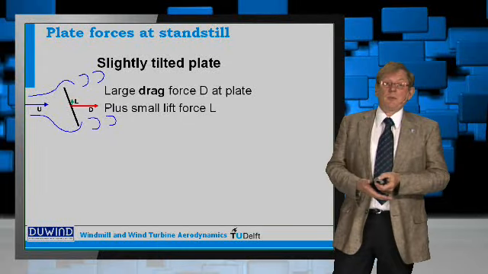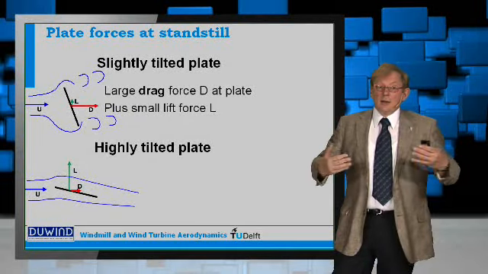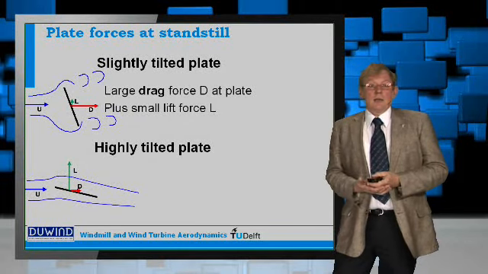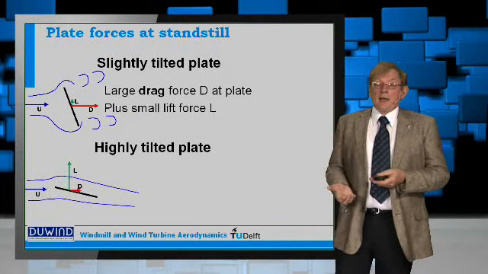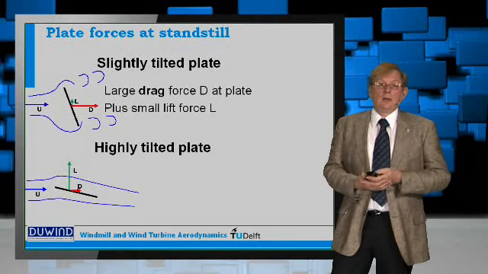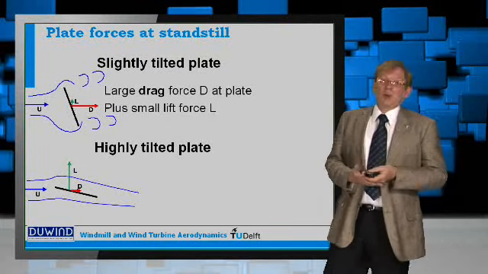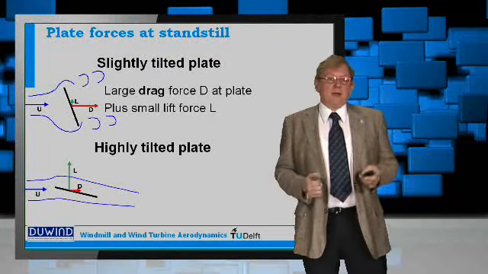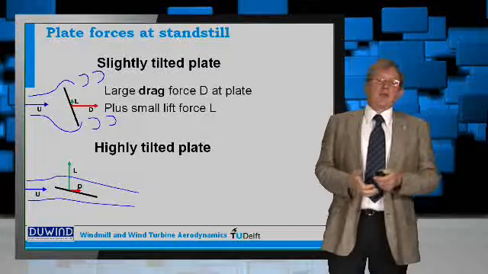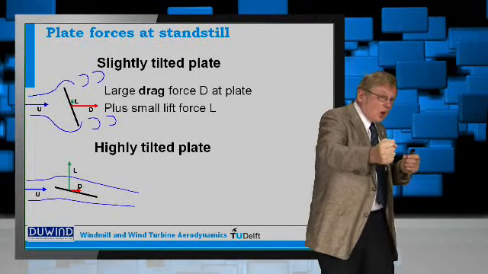When you now take this plate and tilt it almost completely to, let's say, an angle of 10 degrees, then suddenly the drag gets a lot less and the lift gets a lot larger. In fact, if you don't believe this, you can go to a do-it-yourself shop, buy a plaster plate and try to find out what the forces are when the wind is perpendicular and when the plate is almost parallel to the wind.